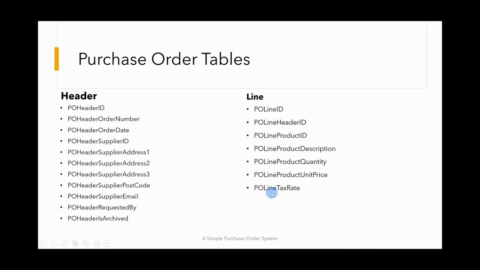Now you'll notice here that we haven't got a PO line is archived. I don't think there's any need for that. Once an order has been placed, we won't be able to change it. And in the process of entering a purchase order, if we delete a line, that's fine. It's not going to be going to the supplier anyway, so we can leave it at that stage.